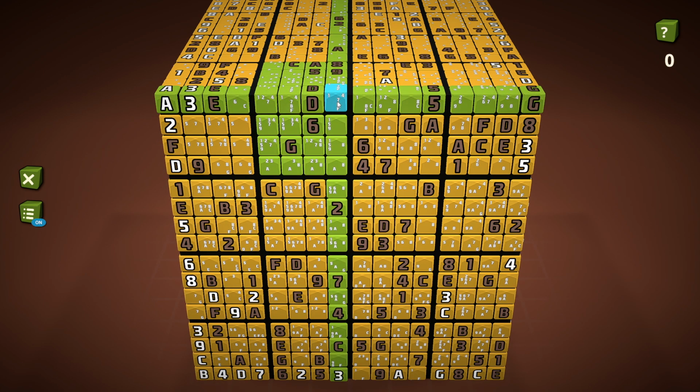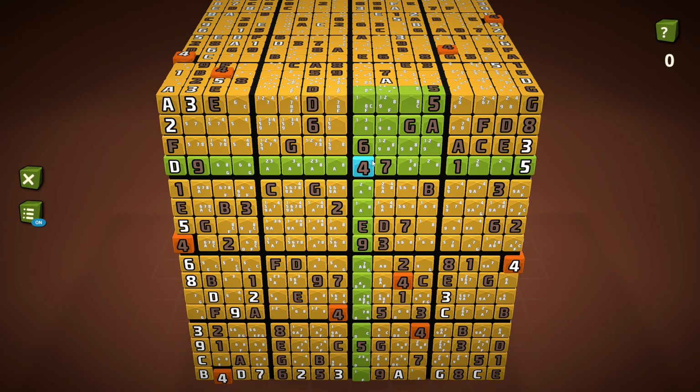This can't be a 4. Okay, boys. Can't be a 4. Doesn't help. Can't be this row. No. These 2, but that could be there. No. And no. Nothing there.